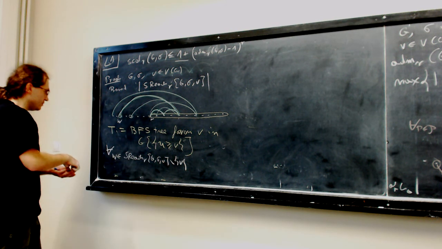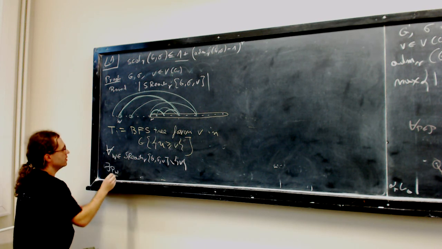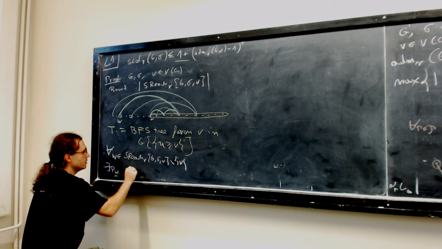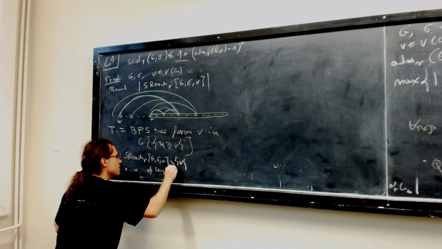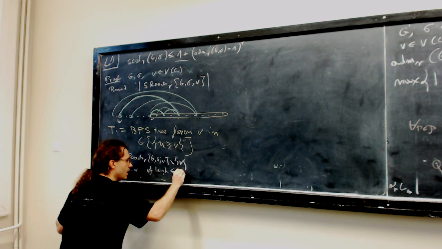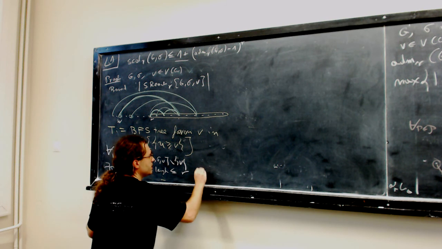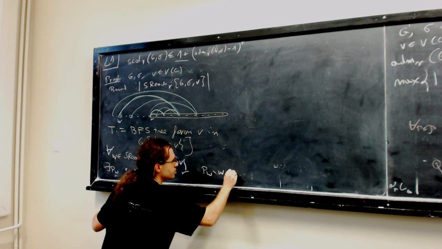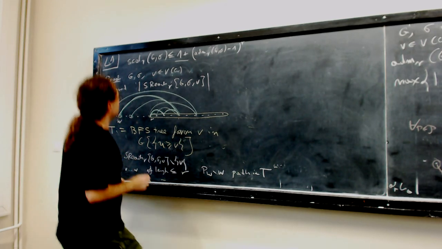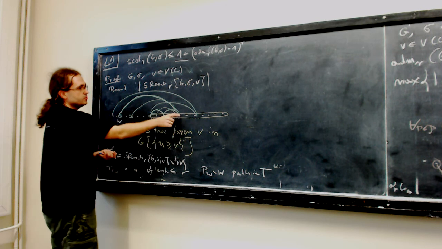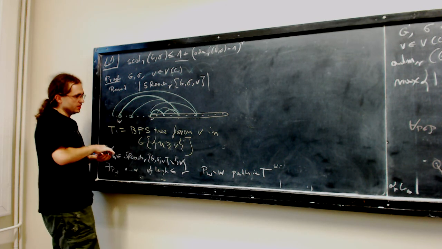What I want to say here is that there exists a path P_W from V to W of length at most R, such that P_W minus W is a path in the tree T. So there's this tree T somewhere here, and I can reach this vertex by going along a shortest path in the tree T. So this may actually be a path going like this.